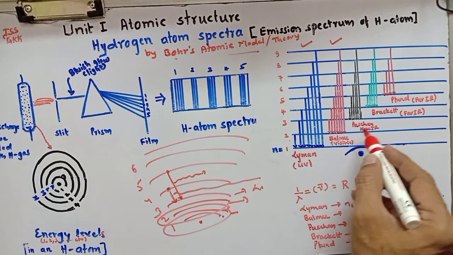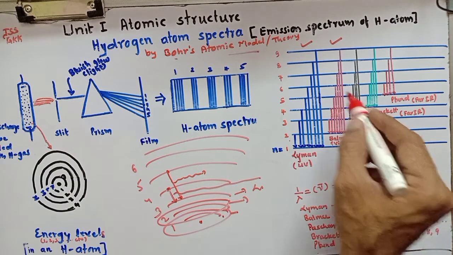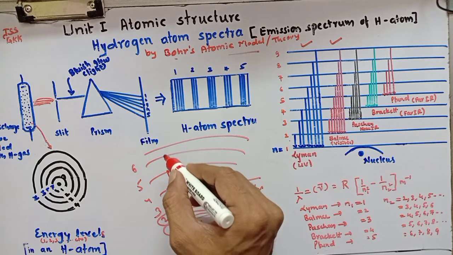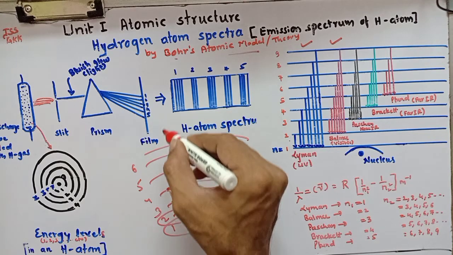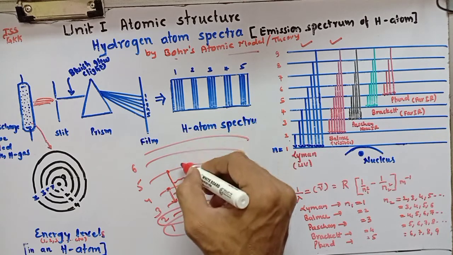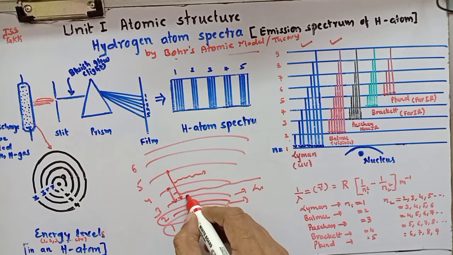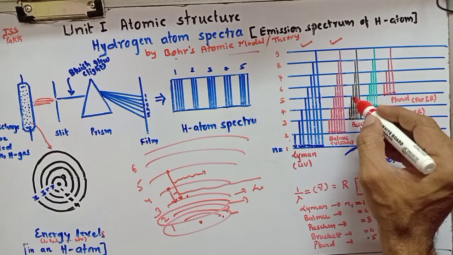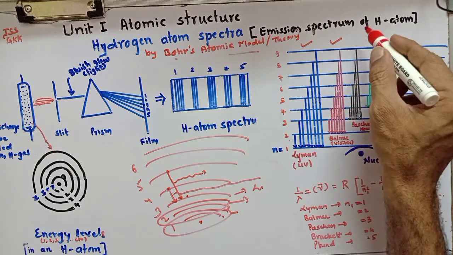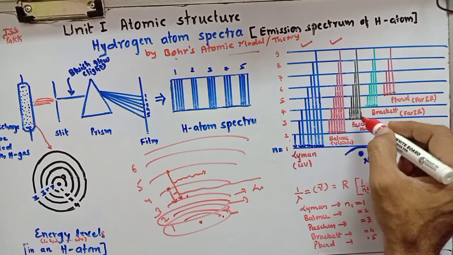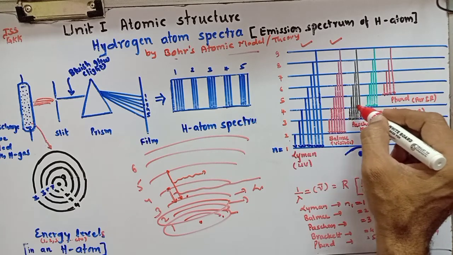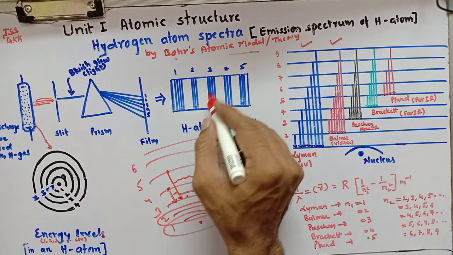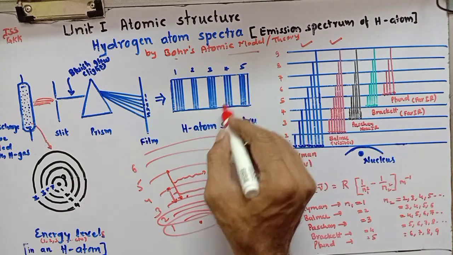Thus, Paschen series of spectral lines will appear in the emission spectrum of hydrogen atom only when de-excitation of electrons from different higher energy levels takes place to the third energy level. That means when the electrons which are present in the fourth, fifth, sixth, seventh, eighth and so on jump to the third energy level, they will appear as Paschen series of spectral lines in the emission spectrum of hydrogen.